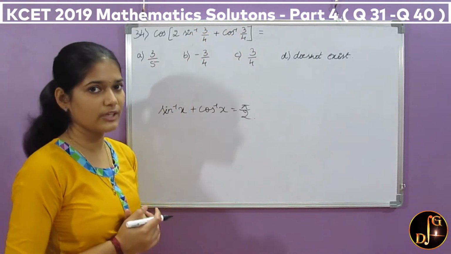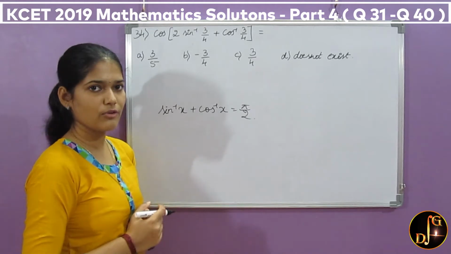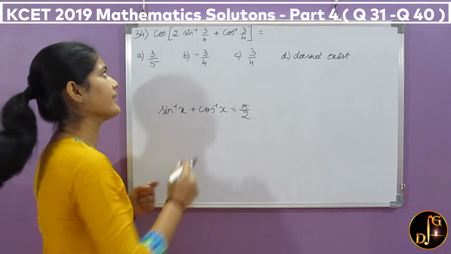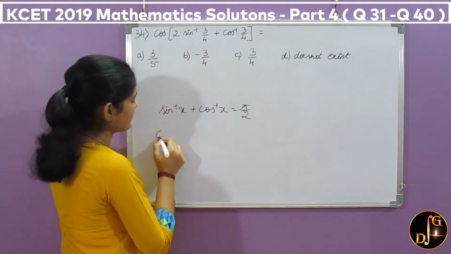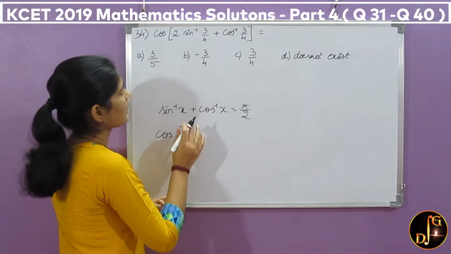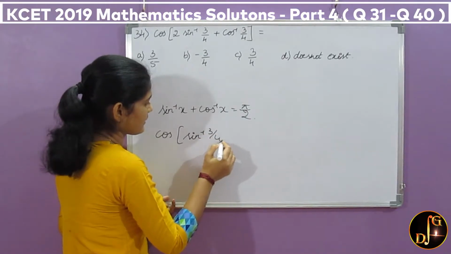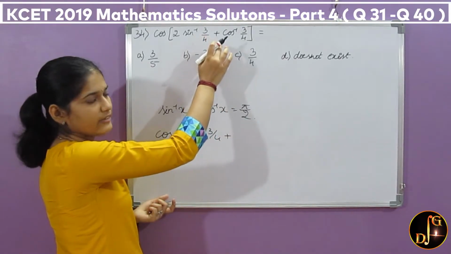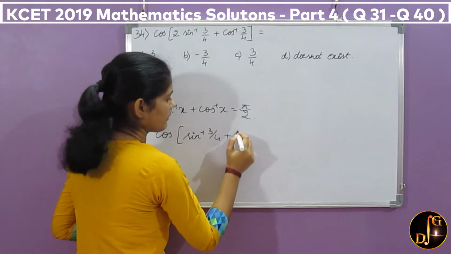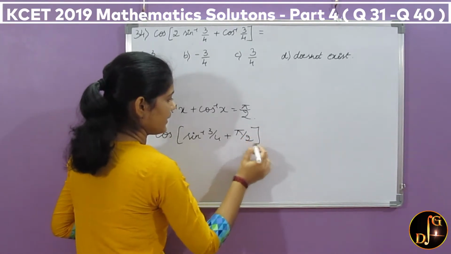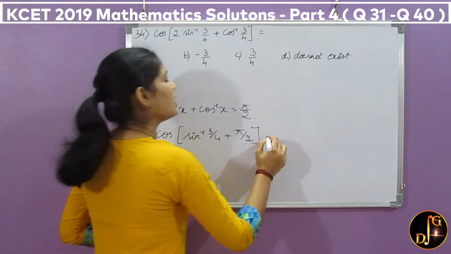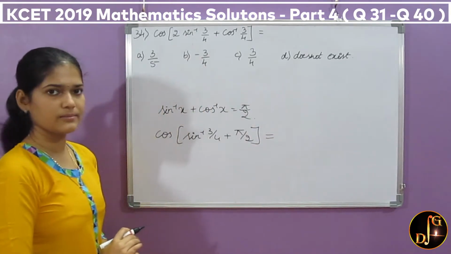Here also we have 3 by 4. Can we apply this formula? Yes, we can. So we will get cos of one sin inverse 3 by 4 will be as it is, plus another sin inverse 3 by 4 plus cos inverse 3 by 4, we can write it as pi by 2. Right?